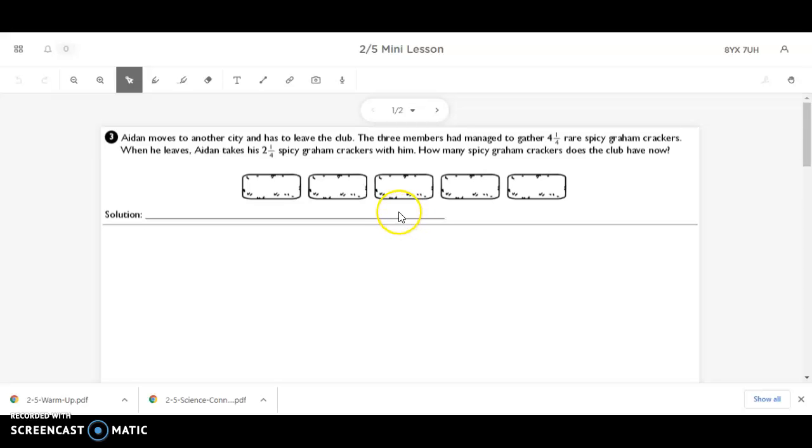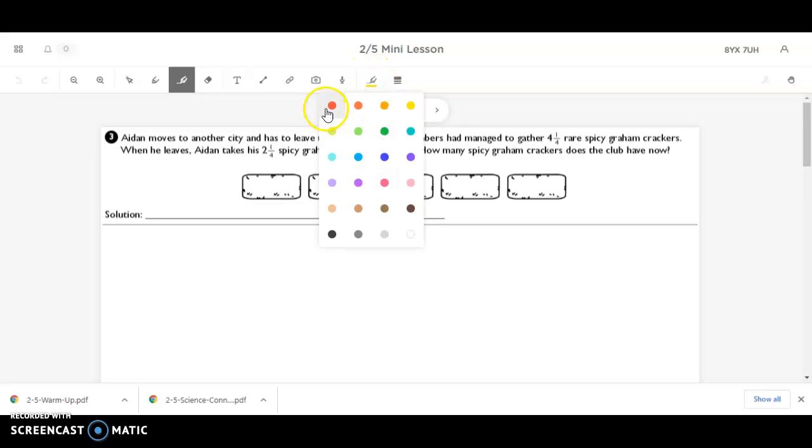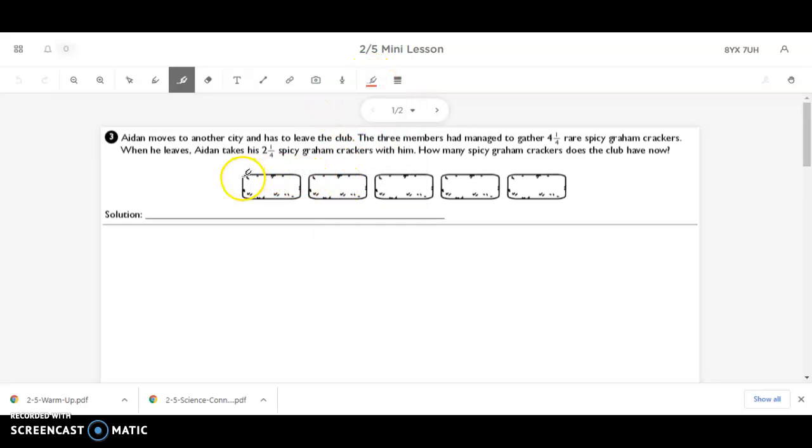So, let us see. First, we have 4 1/4 spicy graham crackers. So we need to first use our models to show that. Here, let's use red for spicy. Now, how many whole numbers do we have?